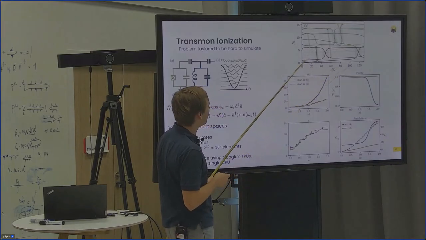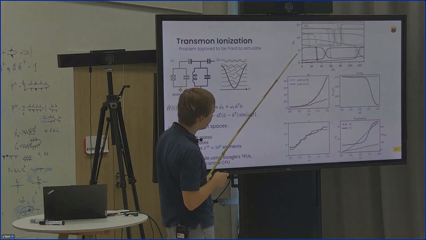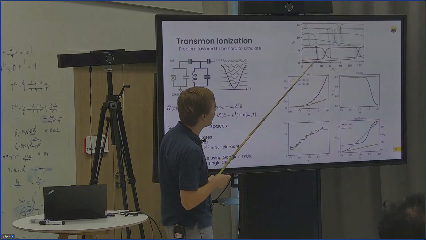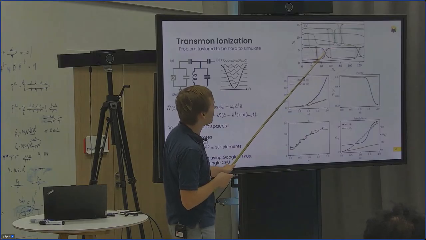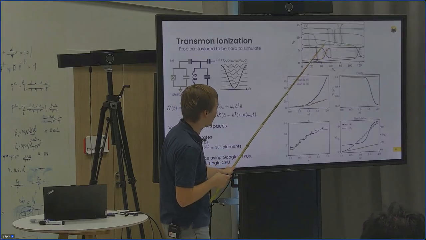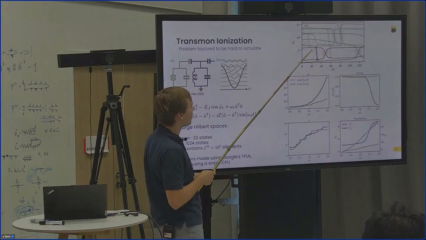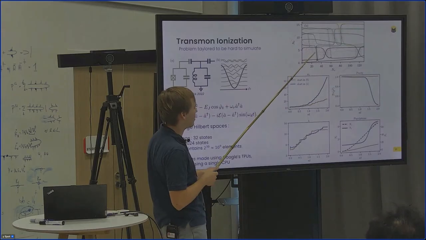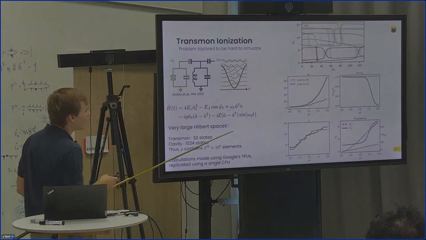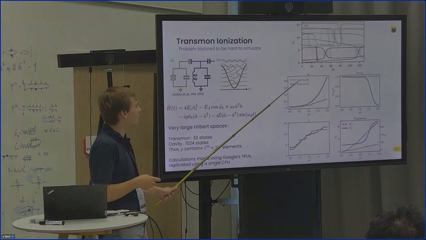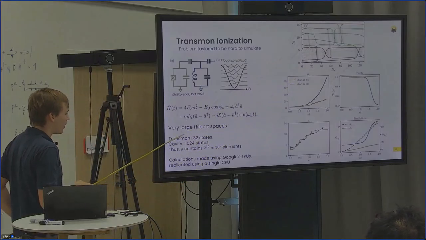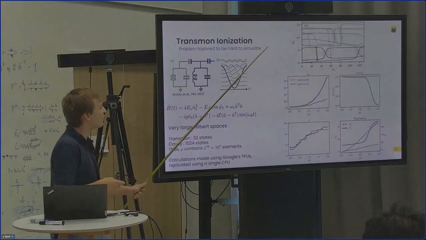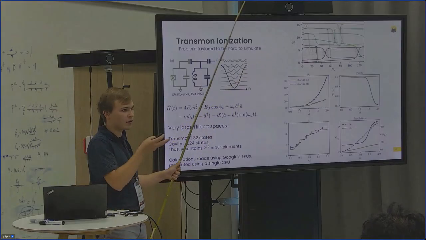But if you start in a 1 state for your transmon, then as you populate your resonator, at some point you will have a crossover, meaning that you will end up with a very high population for your transmon. This effect occurs because of crossing with higher energy states. That's why when you do the simulation, even though you only look at states starting with your transmon in 0 or 1, you need to actually take a Hilbert space size of 32, for instance, because those effects happen because of those higher energy states.